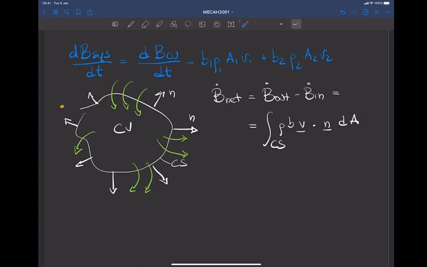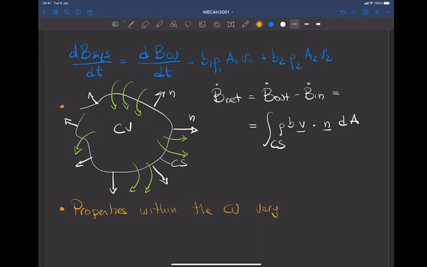So here I have the definition of this flow rate. It's rho b v times the area, but I have to consider that the velocity vector might not be normal to the control surface at the point of entry, and so I have to consider the scalar product. So this is one first thing that we have to consider. The second one is the fact that the properties within the control volume may vary or change.